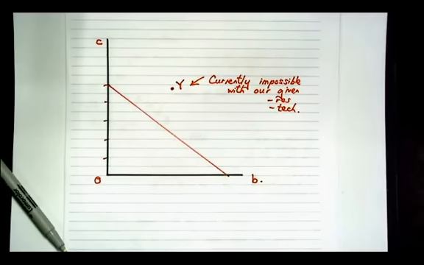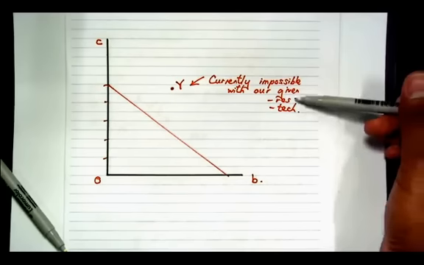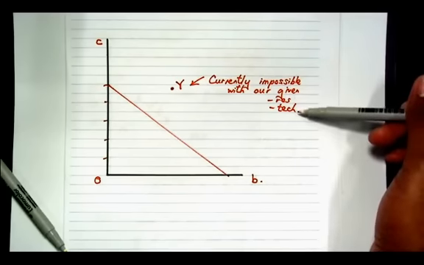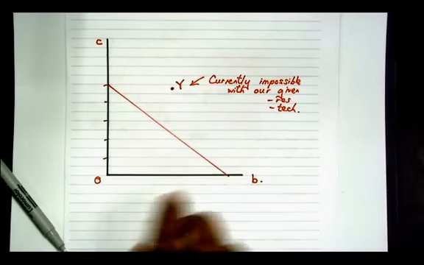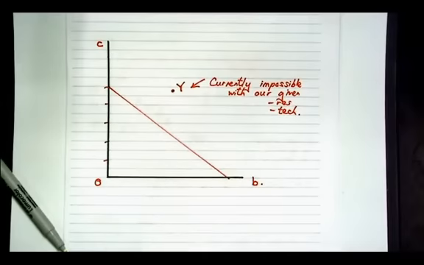Perhaps we will discover new resources. Perhaps we'll have economic growth where the population has increased. Perhaps there'll be a technological improvement which may make combination Y possible in the future. But at the moment, with our given resources and technology, combination Y is currently impossible. Is that okay? Say yes.